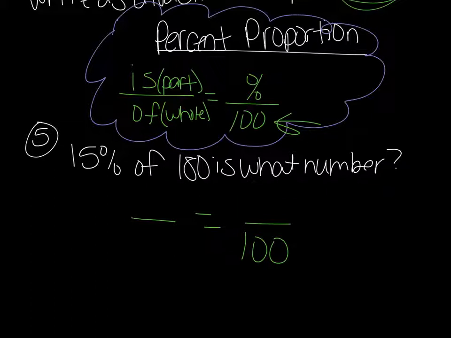Because the only thing that will ever go over 100 is a percent. In the percent proportion, the only thing will be a percent. So if you're reading through your problem, and you're given a percent, that's really easy to fill in. For this problem, if I see 15%, I know I'm going to put 15 over 100.